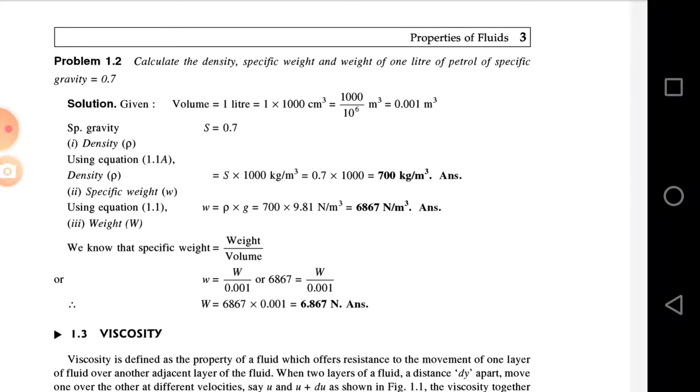Calculate the density, specific weight and weight of 1 liter of petrol of specific gravity 0.7. Volume is 10 power minus 3 meter cube. Density is specific gravity into 1000, 0.7 into 1000, 700 kg per meter cube.